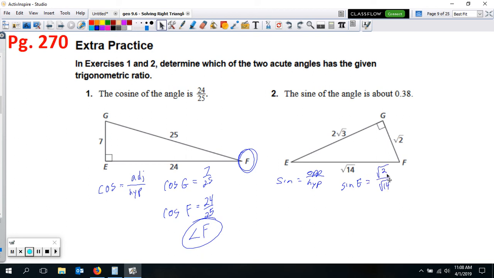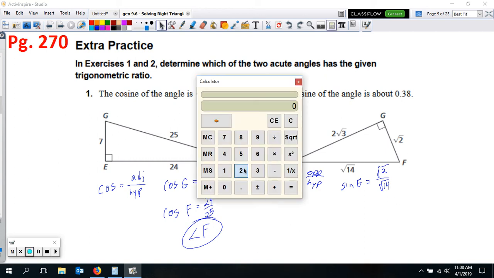We need to figure out the decimal of that to see if it's about 0.38. We can quickly find the decimals on a calculator. The square root of 2 is 1.41, and the square root of 14 is 3.74.